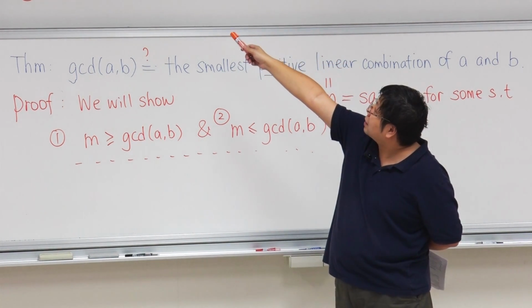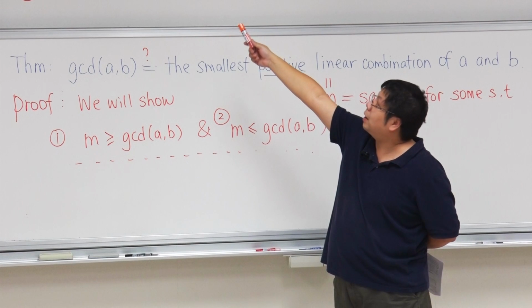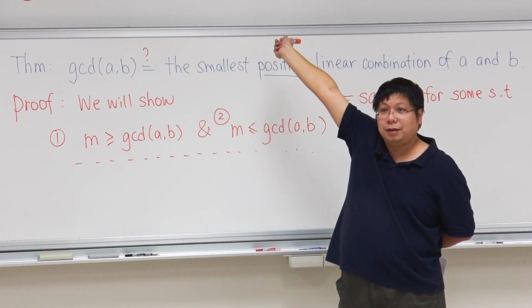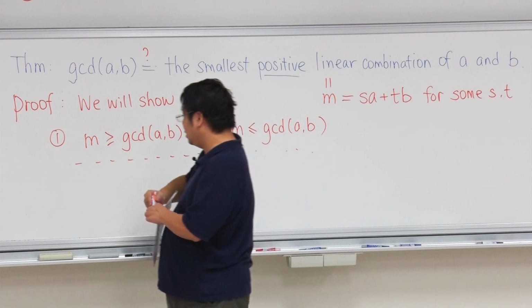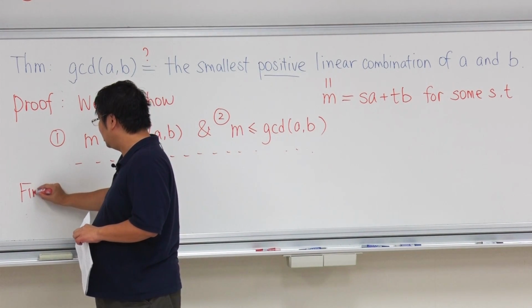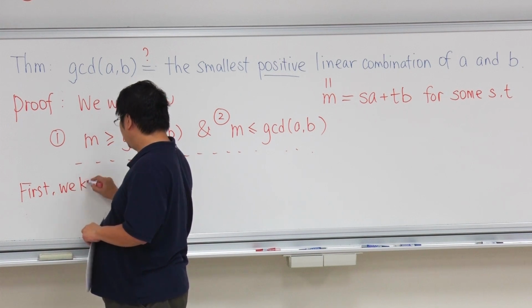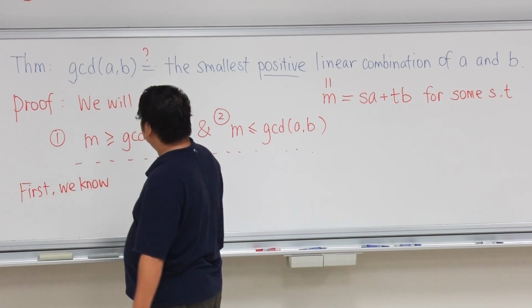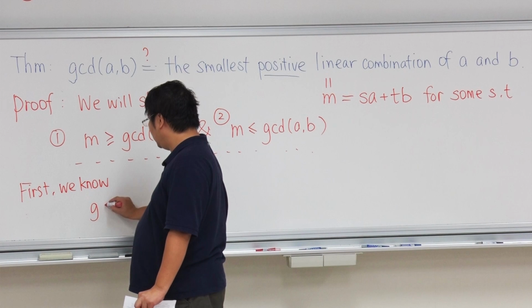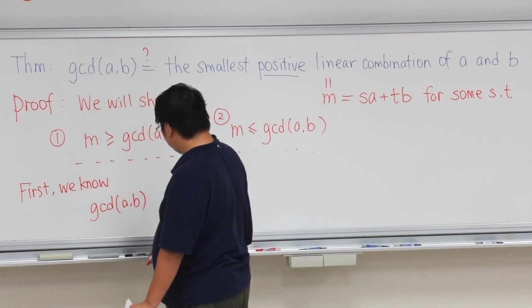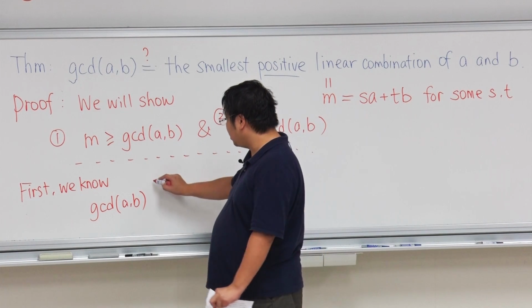If A divides B and A divides C, then A divides the linear combination of them. So the GCD of A and B divides A and divides B, so it divides M.